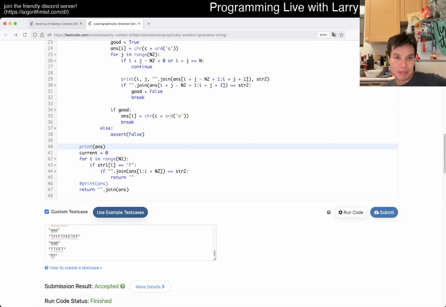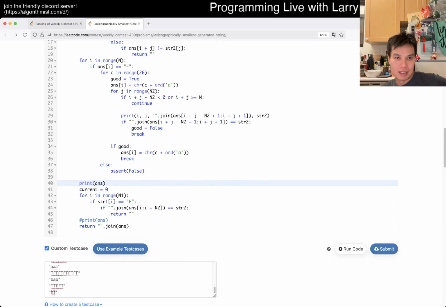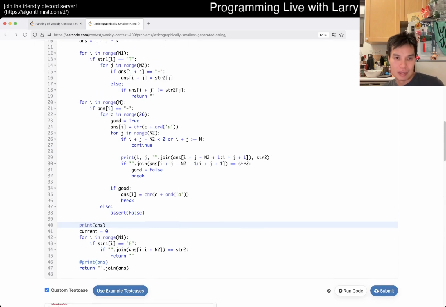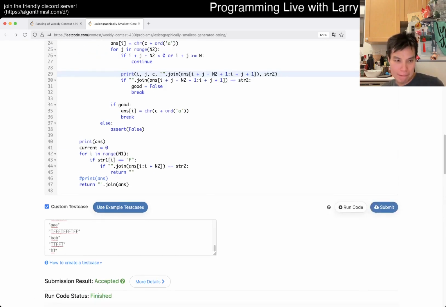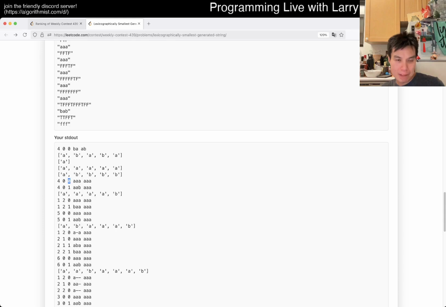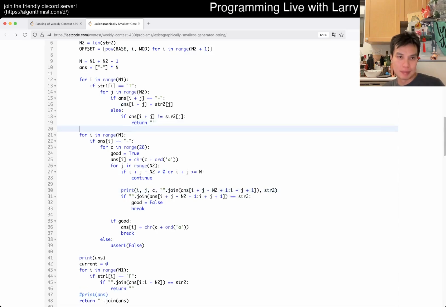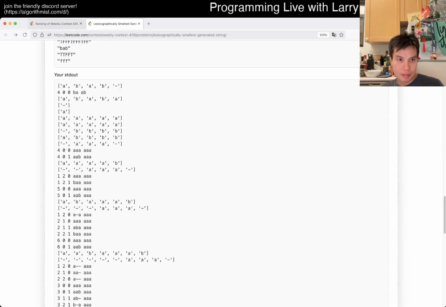I mean, this should already be false, right? Are they not equal? What's going on? Okay, so we try another character. Okay, so this looks good, but only for here. Okay, so this is the one we want to look at.